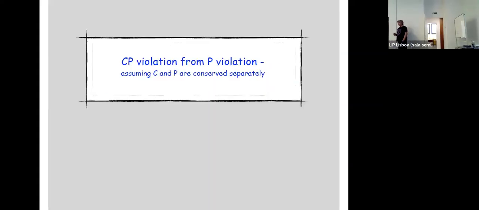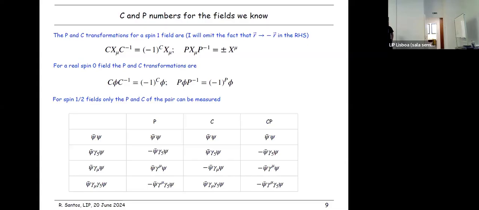Okay, I will go fast here. This is just to tell you what the differences are between couplings that are CP violating or P violating. So, very quickly, these are the C transformations. This is a quantum operator, so we just have to see that you apply the operator and then you apply it again and you get a 1.